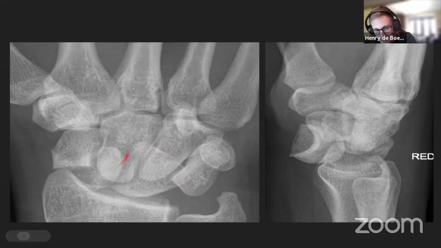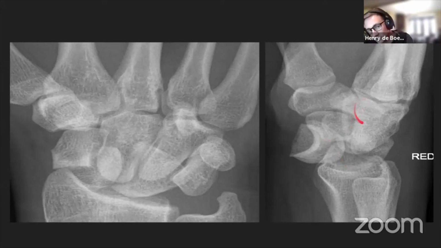And once again, I don't think it's necessarily important, but this pie sign is indicative of a lunate fracture. But in the real world, outside of radiology exams where they might describe this, you'd see that this is not normal, and you do a lateral, and there you very clearly see the saucer of the radius and the cup is pointing the wrong direction. So this is a lunate dislocation.